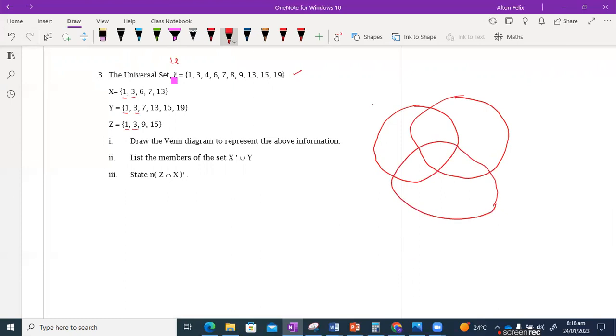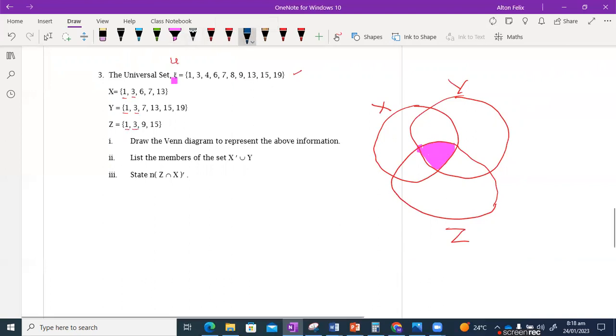So we can call the sets X, Y, and Z. This region here in pink is where the three sets overlap. And it is in this region you must include those numbers that are common to all three sets.